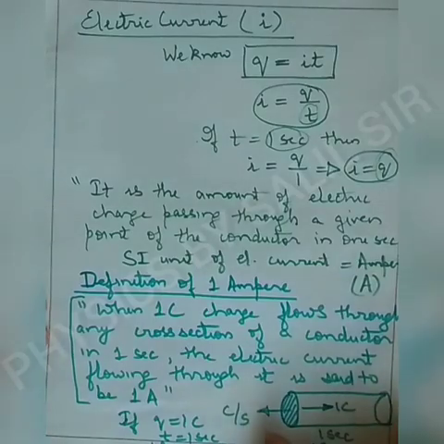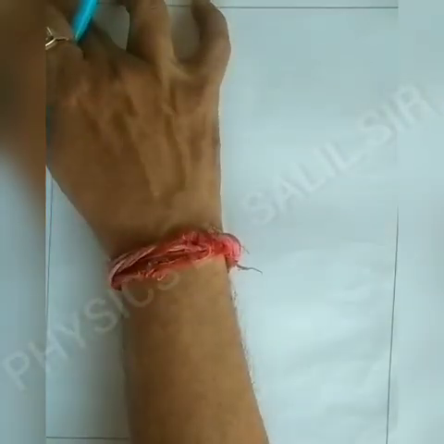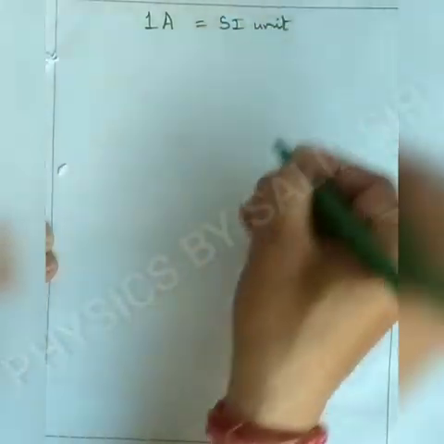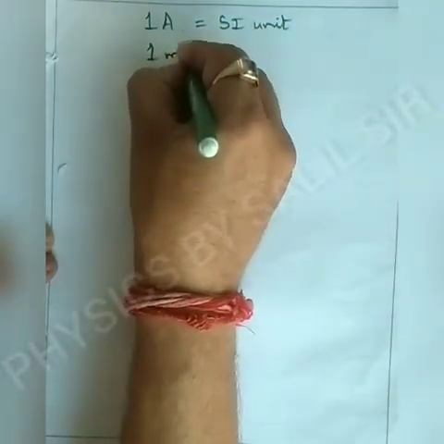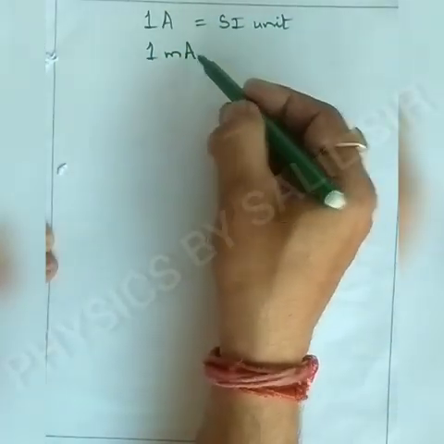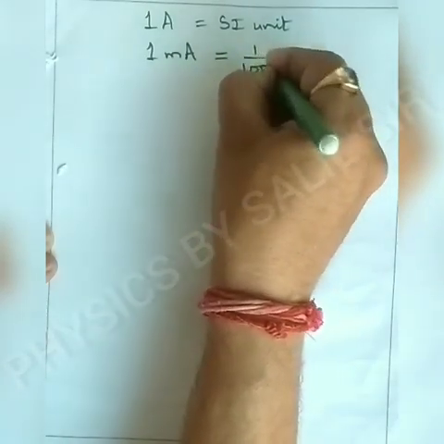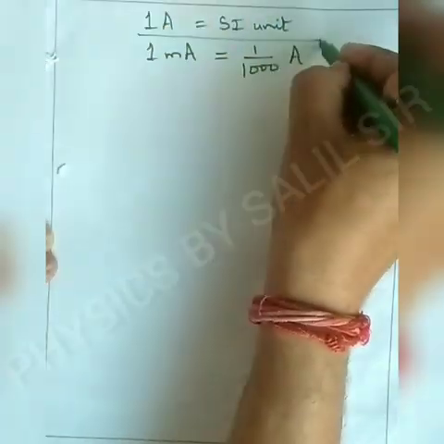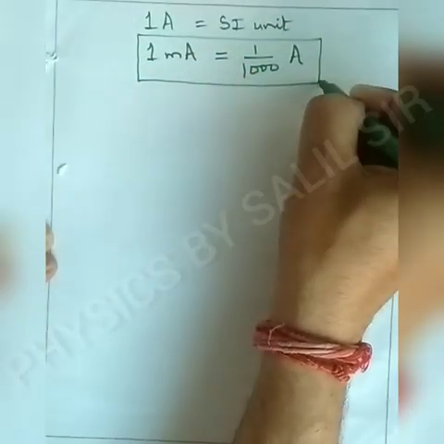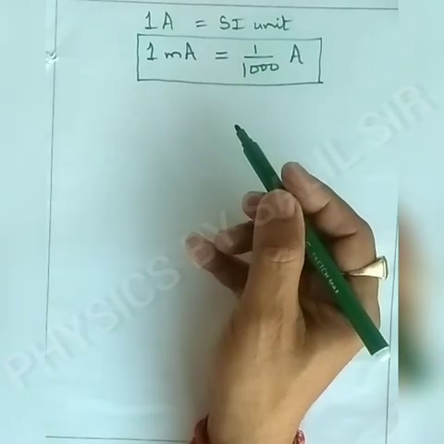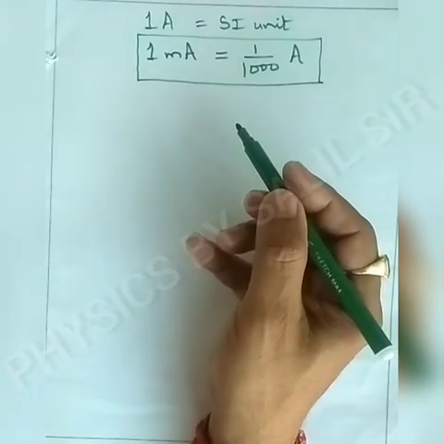Now, one ampere is the SI unit, but smaller units are 1 milliampere, represented by small m capital A, and 1 milliampere is equal to 1 upon 1000 ampere. This you have to remember, because in a numerical if you get the current value in milliampere, then before doing any numerical you have to convert all the units into SI.